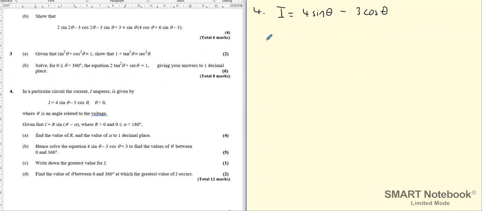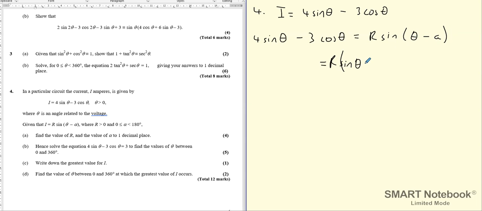Well, if I equals r sine theta minus alpha, my starting point is to say 4 sine theta minus 3 cos theta is equal to r sine theta minus alpha. And from there, I am going to use the addition rule for sine and expand.